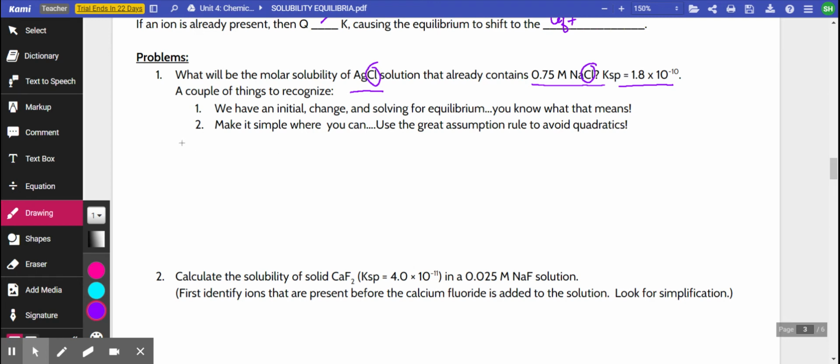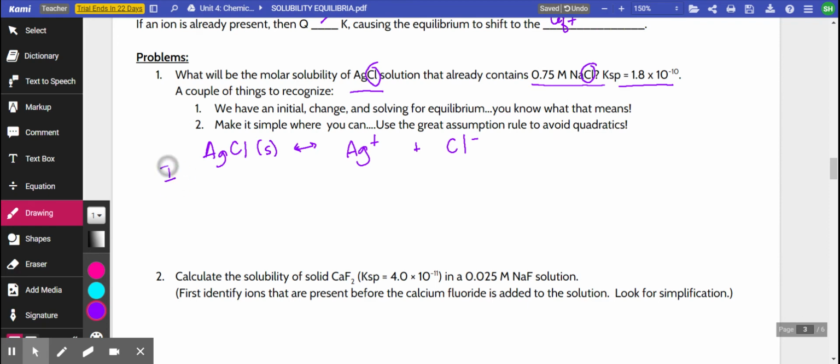So I'm going to go ahead and write my dissolution reaction for silver chloride. So I have AgCl, because I'm going to need my equilibrium expression. And that breaks down into silver ions in solution and chloride ions in solution. And what we have to remember is that we already have a molarity for our chloride ions.